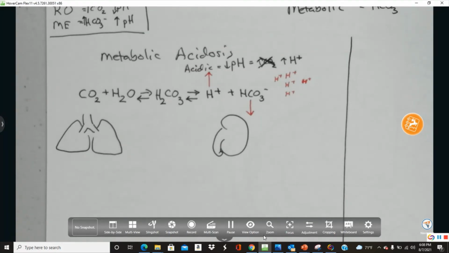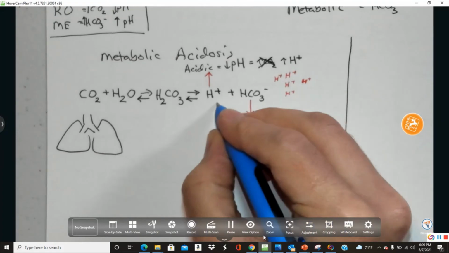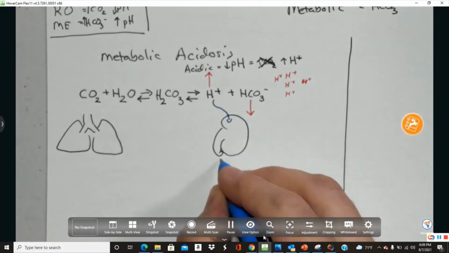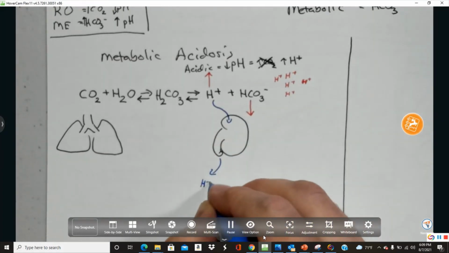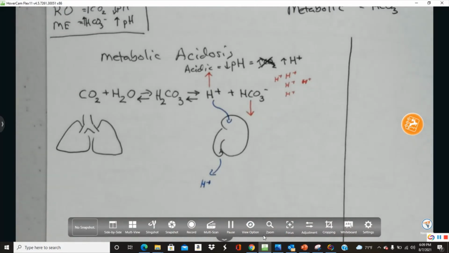Now, with this, let's begin with the area that should first deal with the problem. Because these are metabolic acids, they usually get urinated. So my body is going to try to urinate out hydrogen ions and these acids like uric acid, things like that.